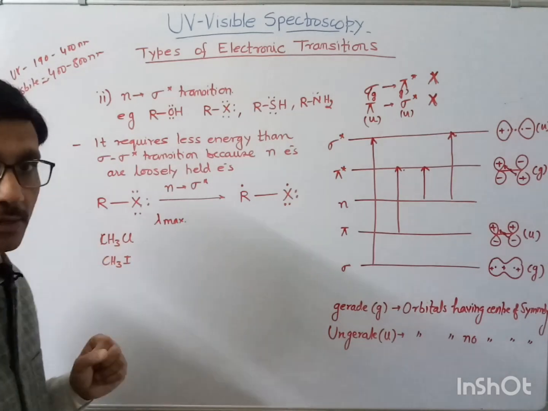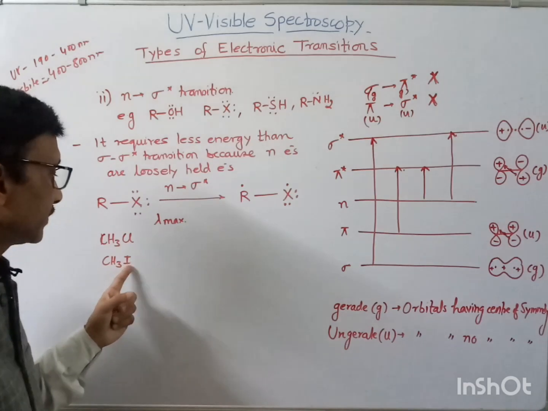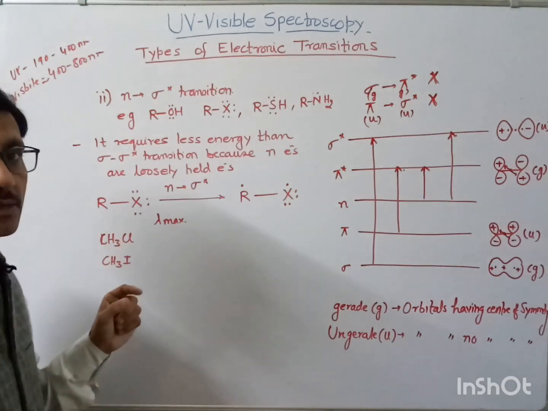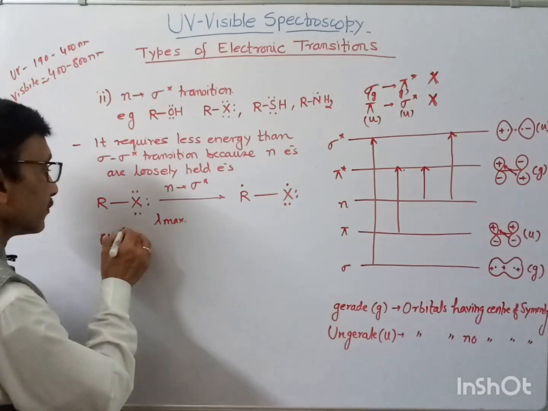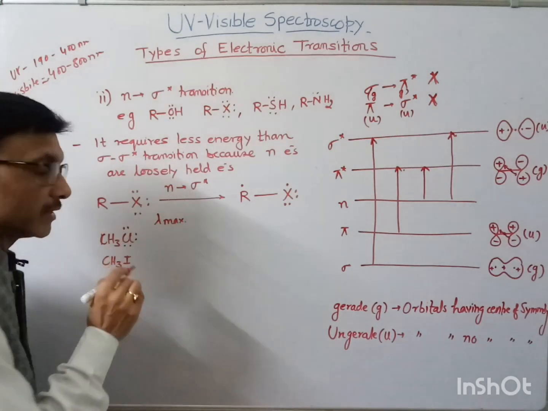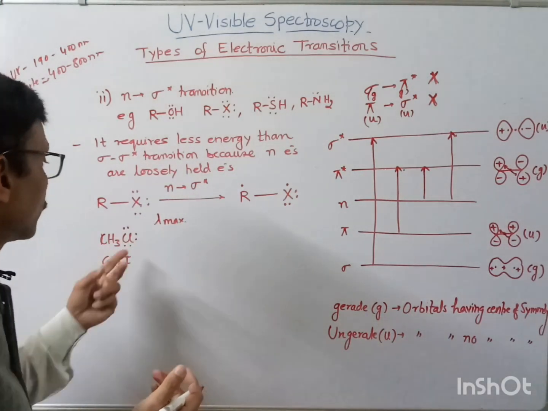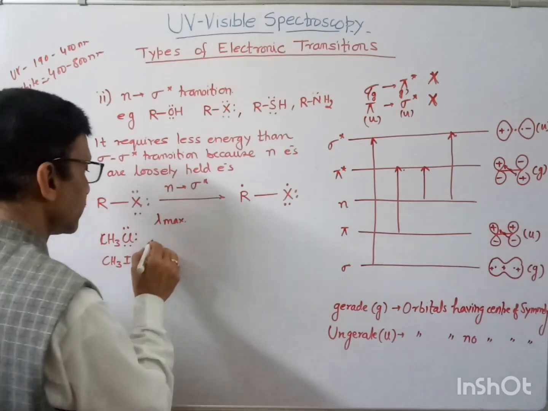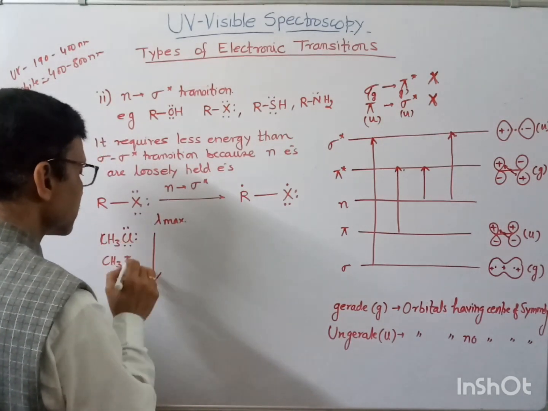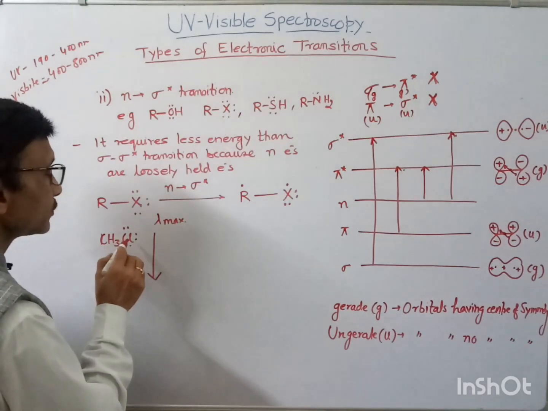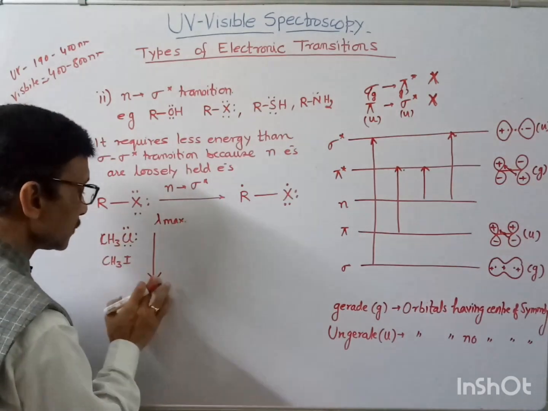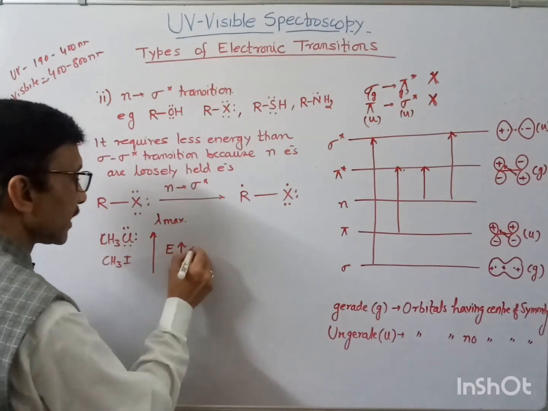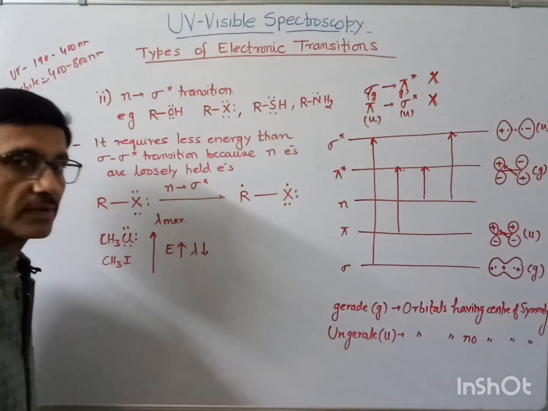We know chlorine is more electronegative than iodine, so in chlorine the lone pairs of electrons are much more tightly held and not easy to excite. It will require high energy, which means low wavelength. Here the energy required is high, and therefore the wavelength is less.